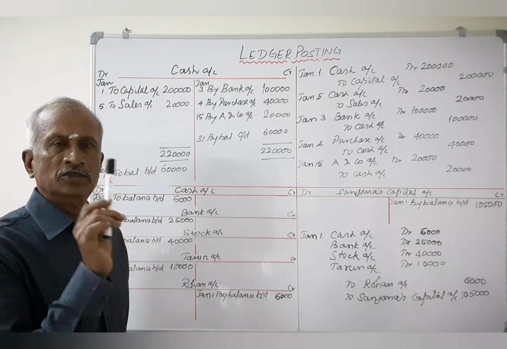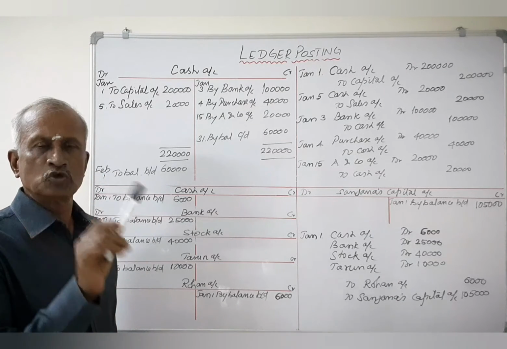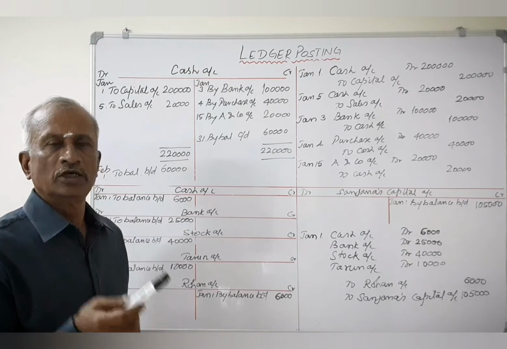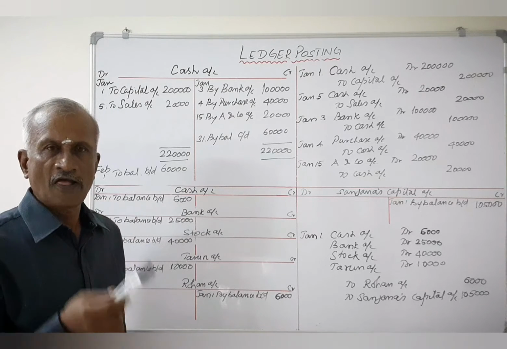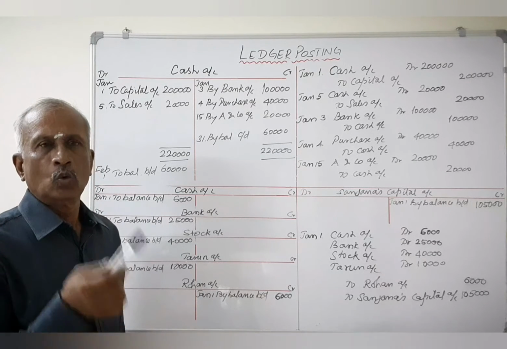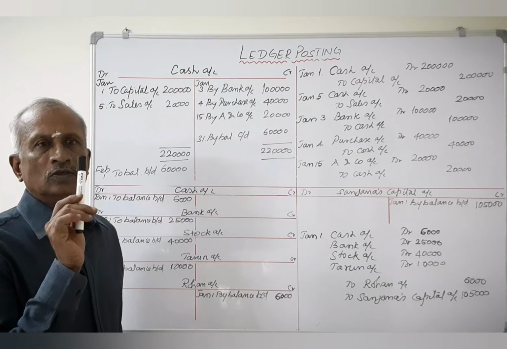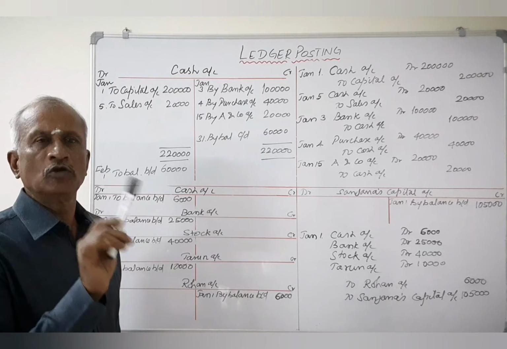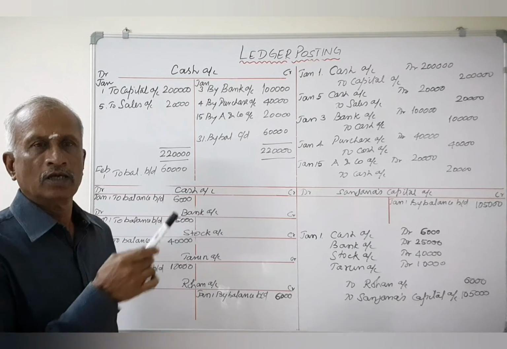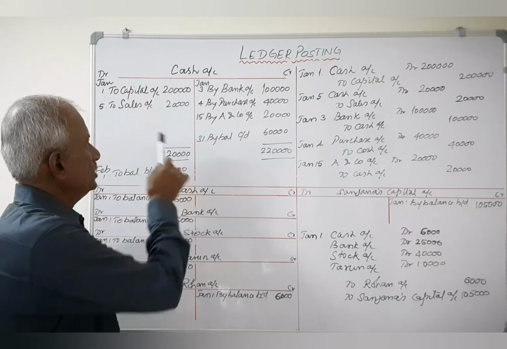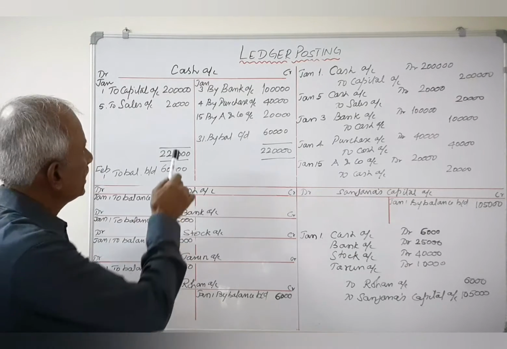When the journal entries are posted into the ledger accounts, it loses its importance, because we can find out the journals made on a particular date easily from the ledgers. Let us see how.